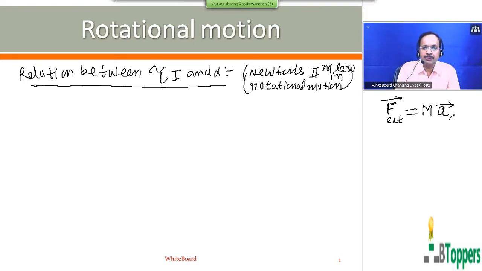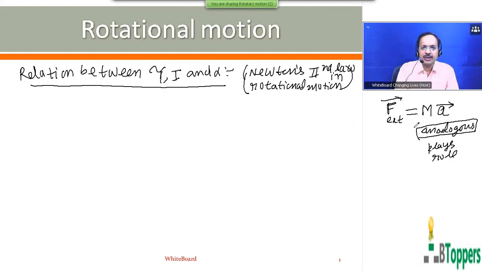A similar equation can be obtained for a rigid body in pure rotational motion. The quantity in rotational motion which is analogous to mass, that plays the same role as mass in translatory motion, is moment of inertia. The quantity in rotational motion corresponding to the acceleration A in translatory motion is angular acceleration.